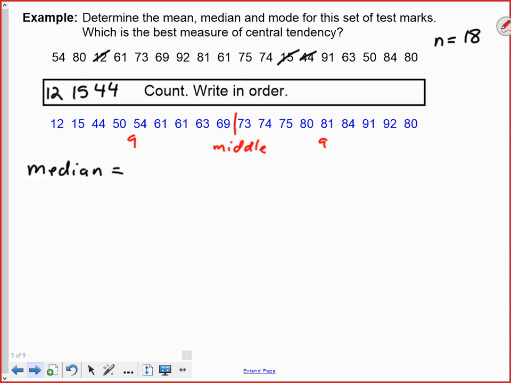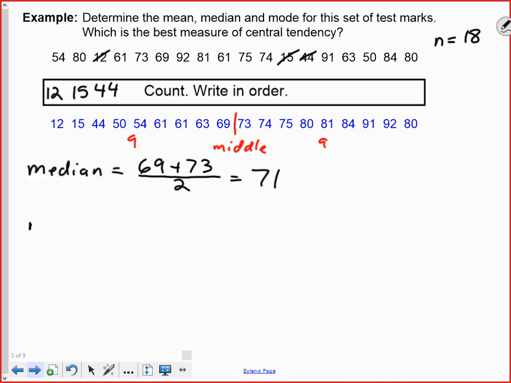So our median is going to be halfway in between those two numbers that sit on either side of that middle point. So I'm going to take that 69, that 73, and I'm going to average them together to get 71. Okay. So that is our value for the median.